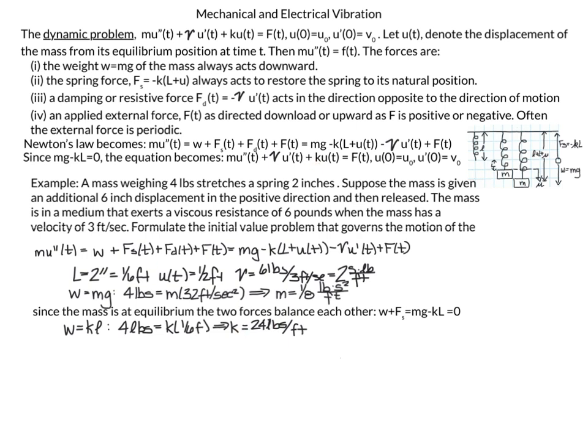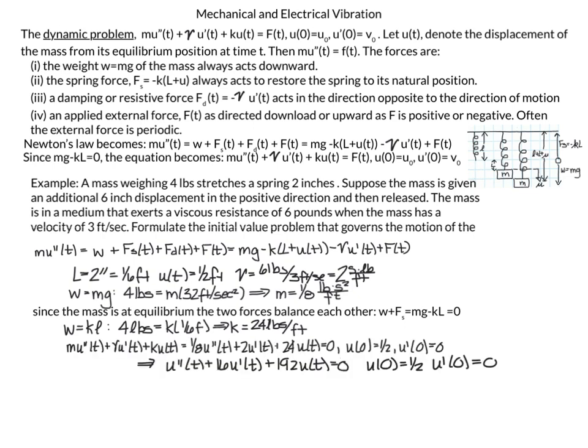So k is equal to 24 pounds per foot. Now I'm ready to plug into my equation. My mass, I said, was 1/8, u double prime, plus gamma, which is equal to 2, times u prime, plus k, our spring constant, which is 24, times u, and our homogeneous equation equals 0.